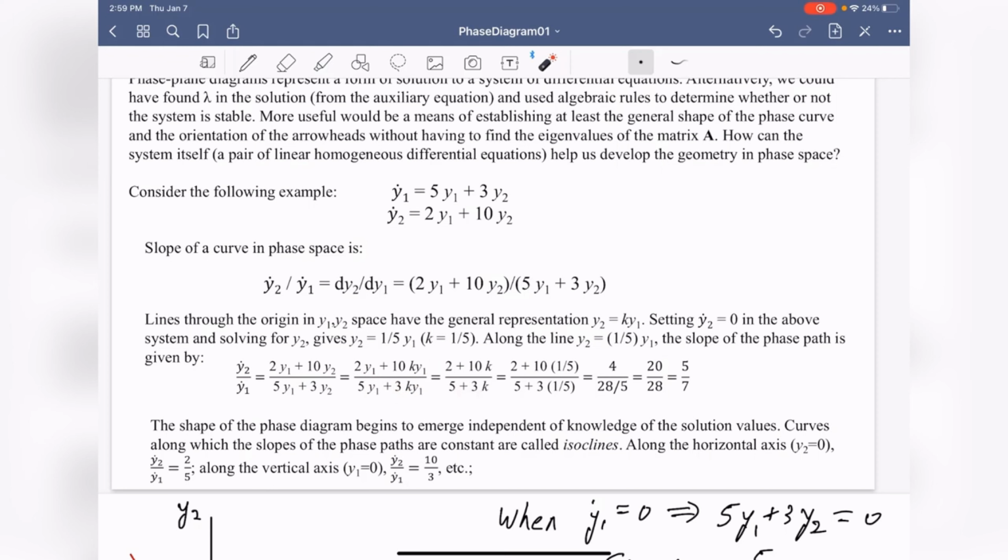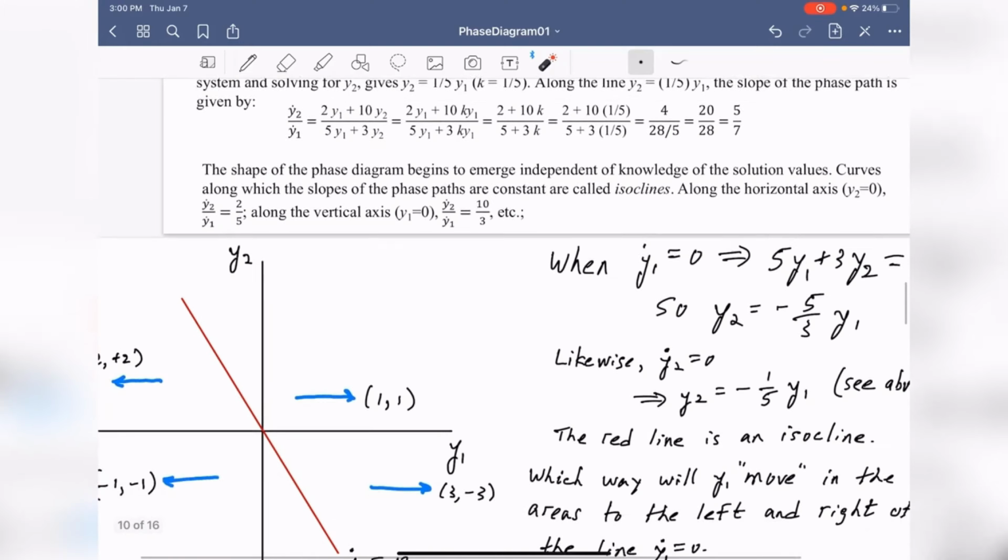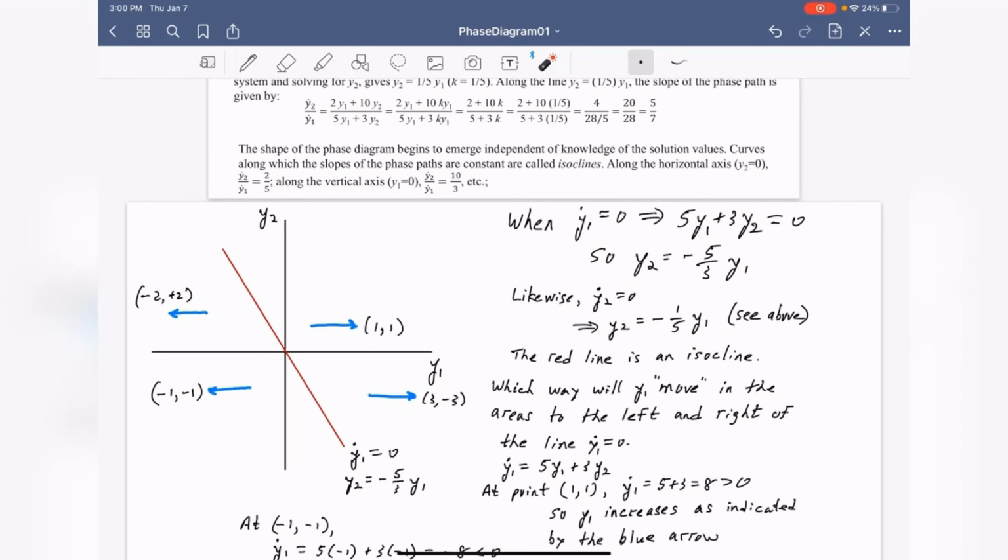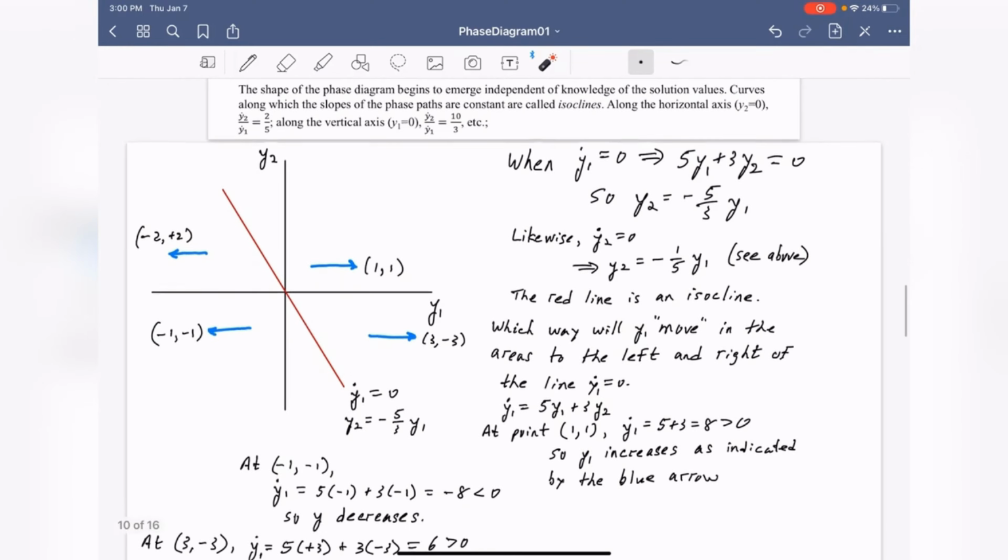So now, if we look at the phase plane diagrams here, when y dot 1 equals 0, we get 5y1 plus 3y2 equals 0, so that y2 is negative 5/3 y1.